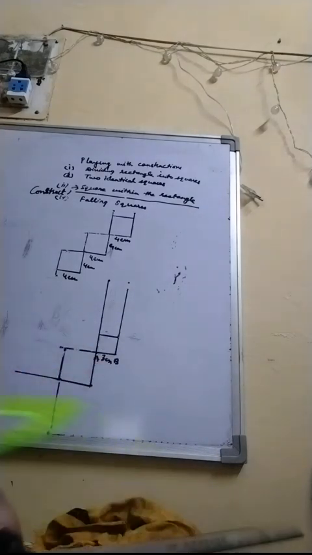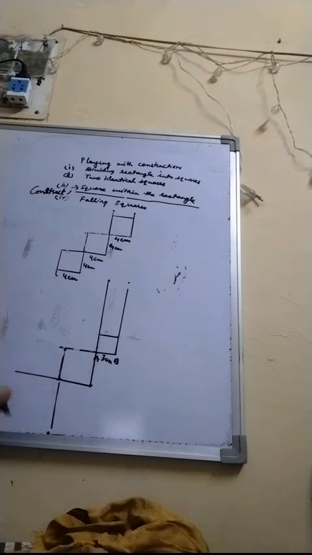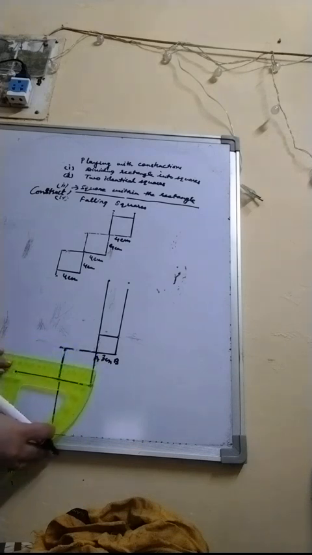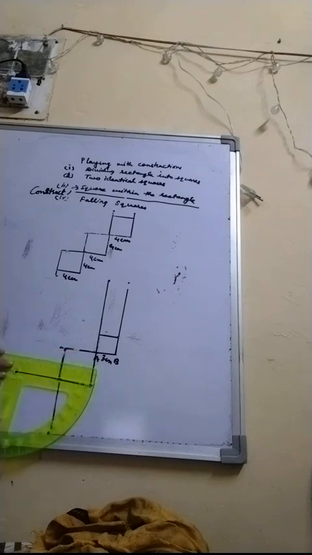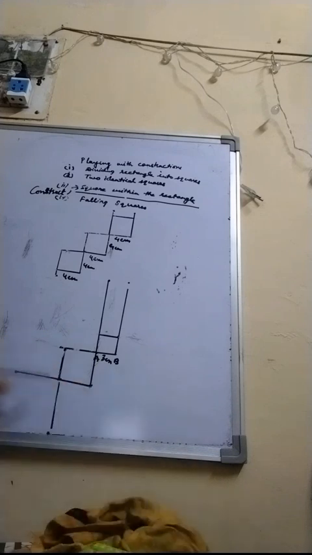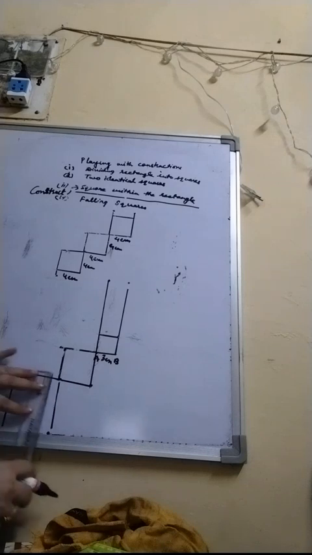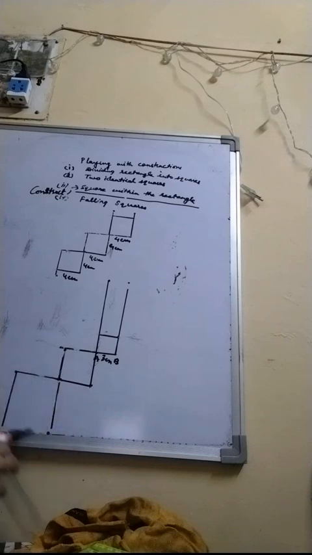Now how would you draw the second line? You would take this end as the vertex, put the center at this vertex, align with the line. Your line is towards the right, and mark the 90°. So we mark 90° and draw the 7 centimeter here, and this line also 7 centimeter here.